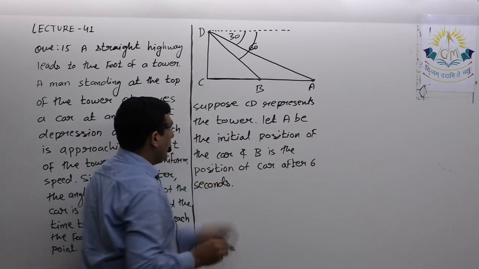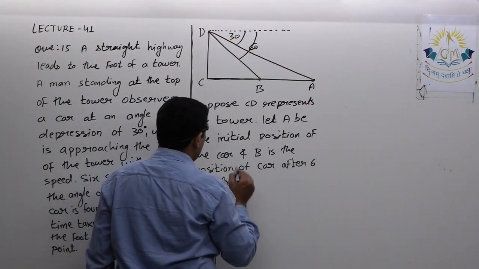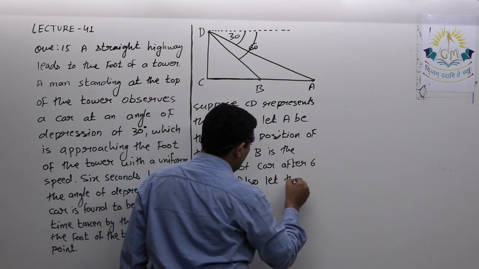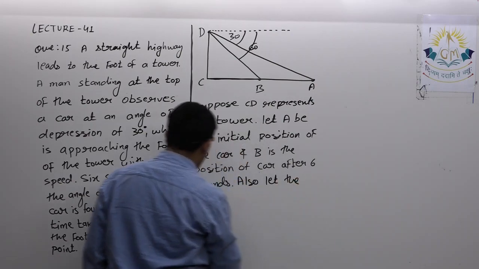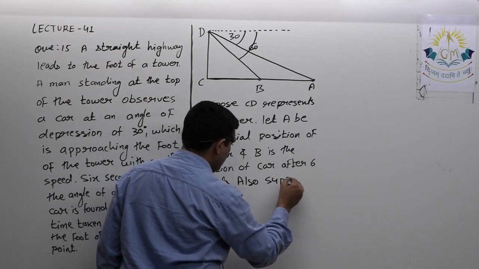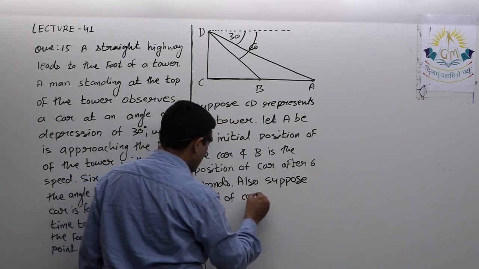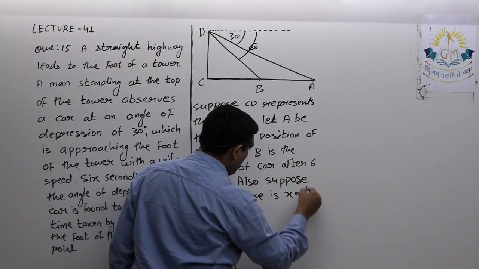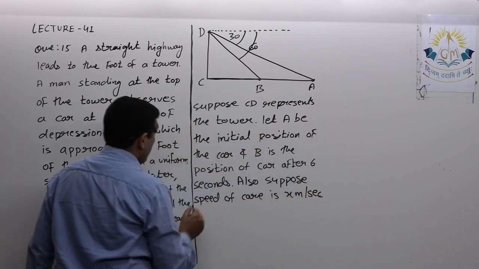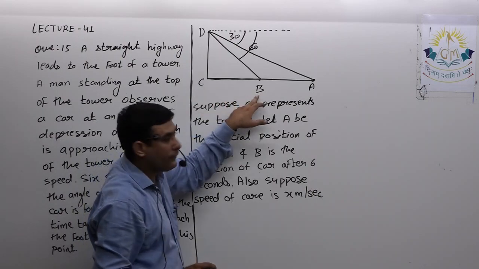Because it is given that after 6 seconds, we are assuming it reaches point B. Also let the speed of the car be x meter per second. Now what we have to find? Time taken by the car to reach the point C from point B.